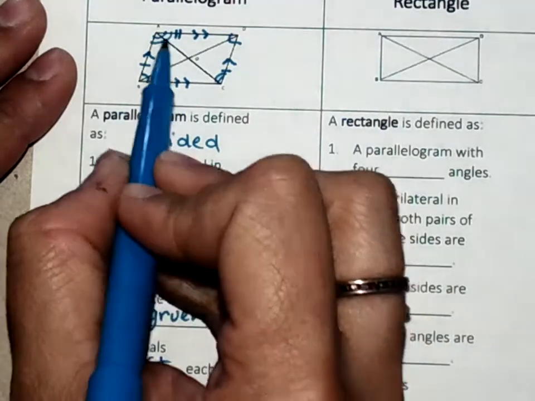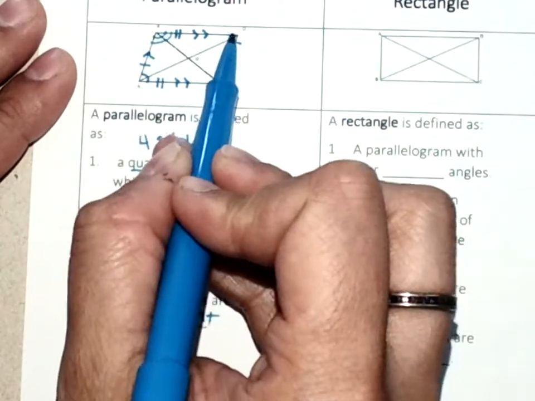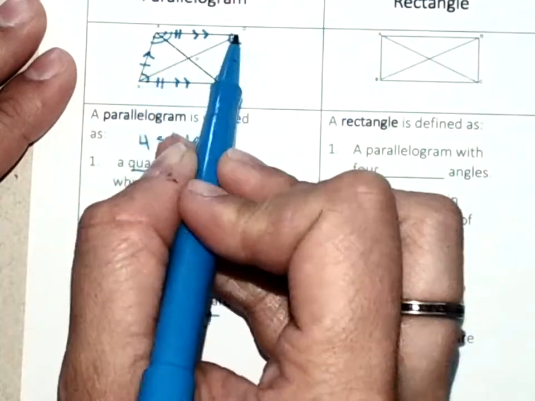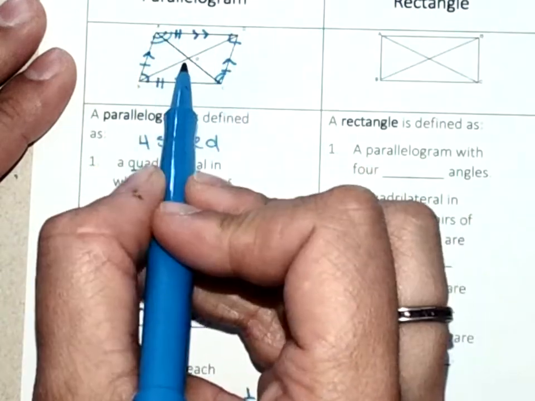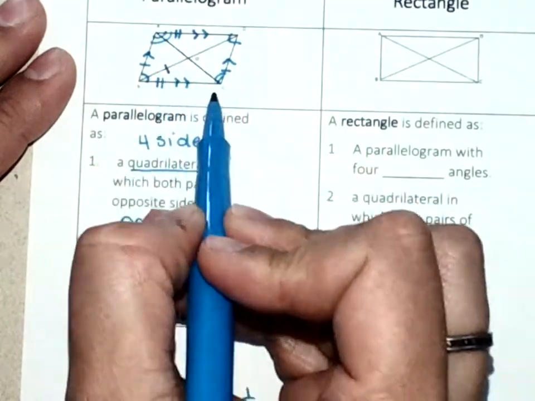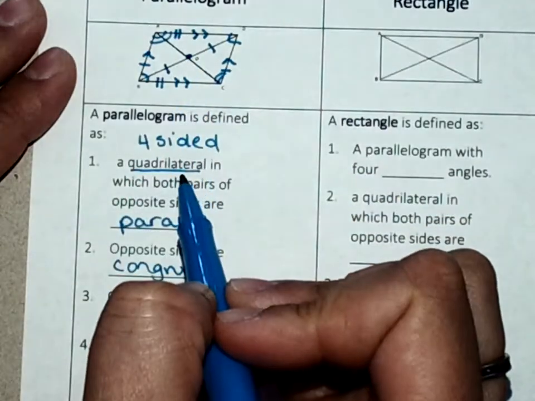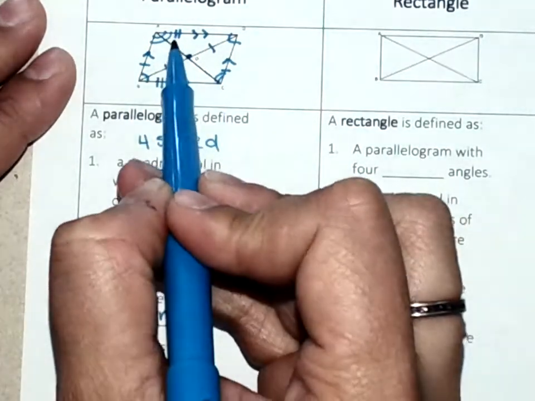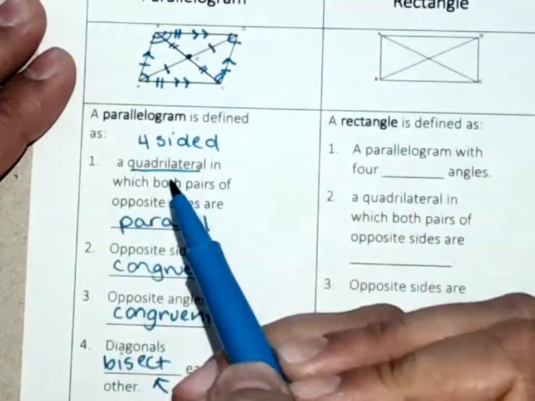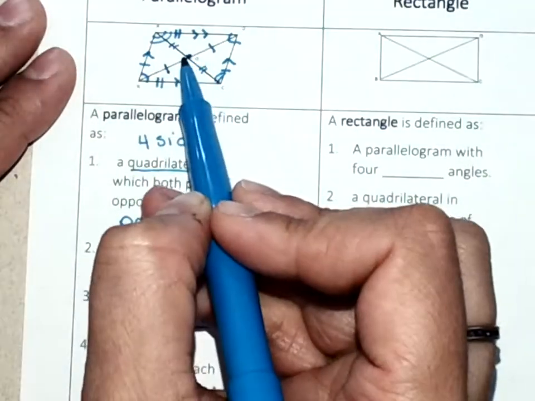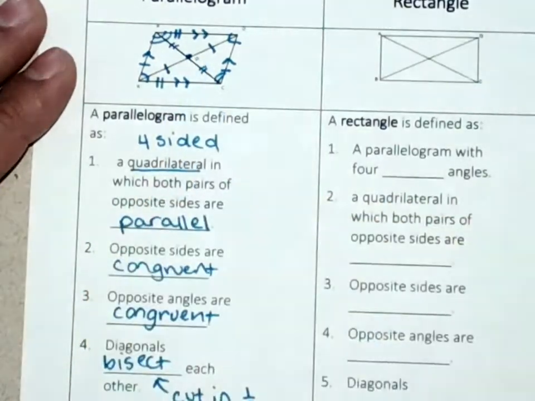So that means that if this diagonal bisects this diagonal, and they bisect one another, we can say that this line segment is congruent to this line segment because it's being cut in half at O. And therefore this line segment is congruent to that line segment, again, because it's being cut in half at O.